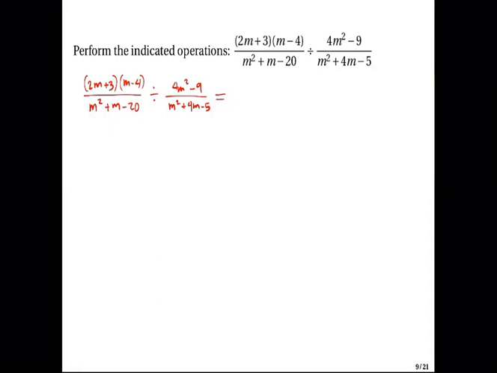And then we change this to multiplication. So here in the numerator, you have 2m plus 3 times m minus 4.